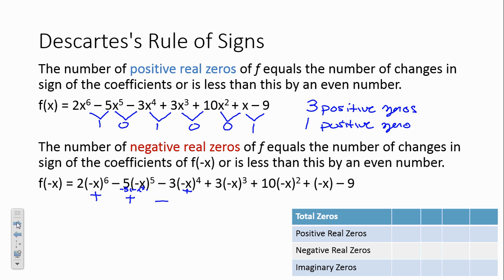Okay? The power isn't over the negative 3, the coefficient, so the coefficient is boss. Helps to decide what it's going to be. Okay? How about this one? Negative x to the 3rd.